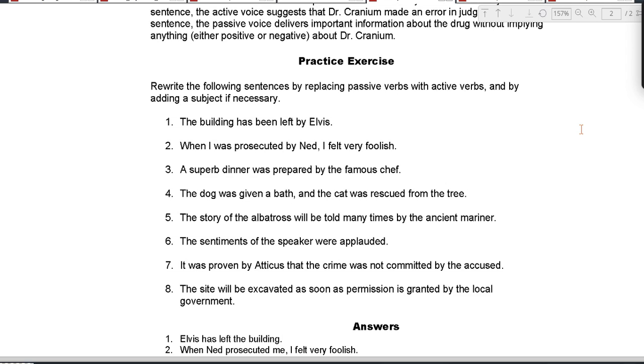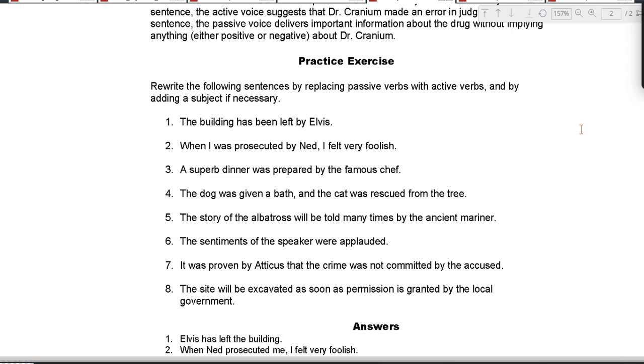We can try these questions here. Rewrite the following sentences by replacing passive verbs with active verbs and by adding a subject if necessary. The building has been left by Elvis. Is it difficult?